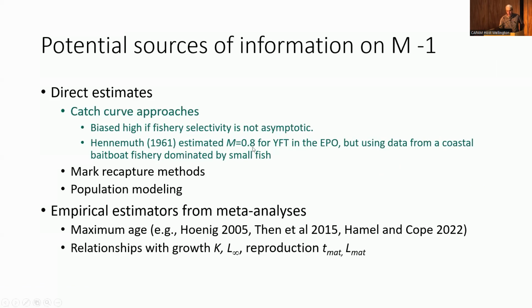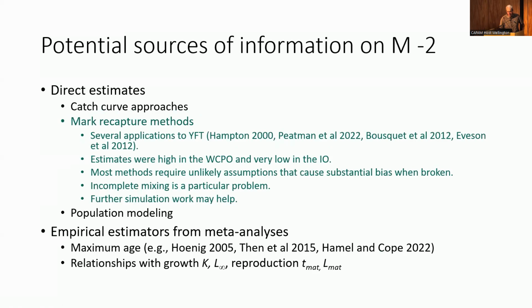There was an estimate for yellowfin tuna in the EPO in 1961, which was very influential, an estimate of 0.8. But this was based on using data from a coastal bait boat fishery, which was dominated by small fish. And I'll talk about that a bit more later.